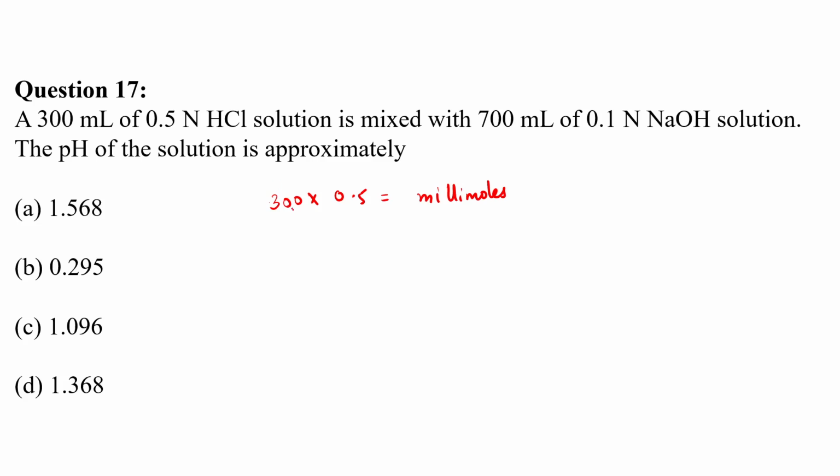If I instead write 0.3 into 0.5, that will give me the answer in moles. Okay, so here what will be the answer? We will get 15 millimoles. Then similarly we can calculate the moles of NaOH solution. For NaOH we will have 700 into 0.1, so that will give me 70 millimoles.